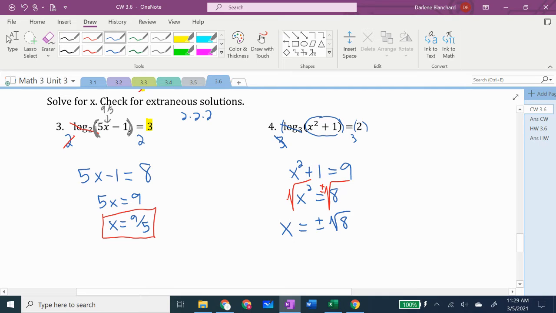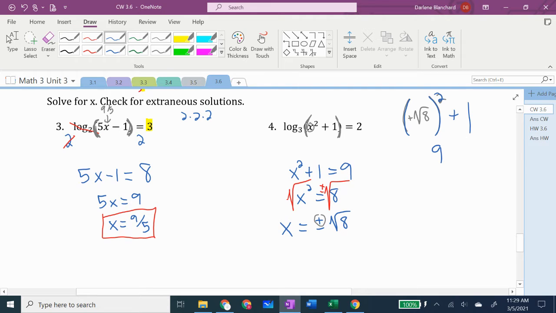And I want to start by identifying if there are extraneous solutions. So what you need to look at is, what is the expression going in the logarithm? If I put positive root 8 into the x, and I square that x, and then I add 1, that creates the number 9, and 9 is a positive number.